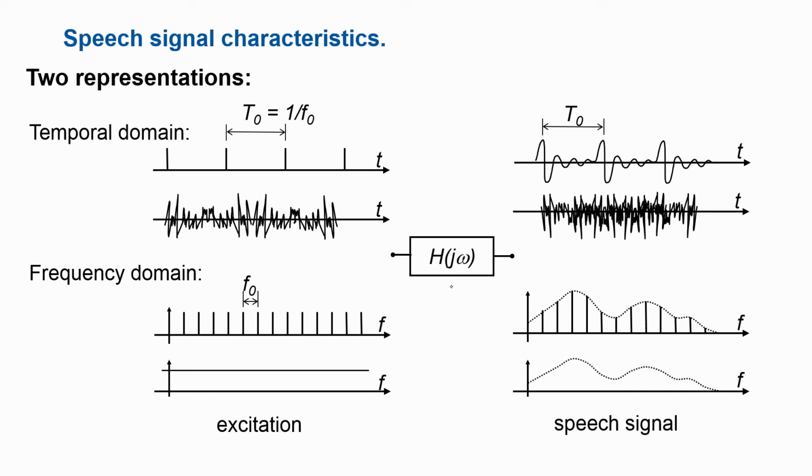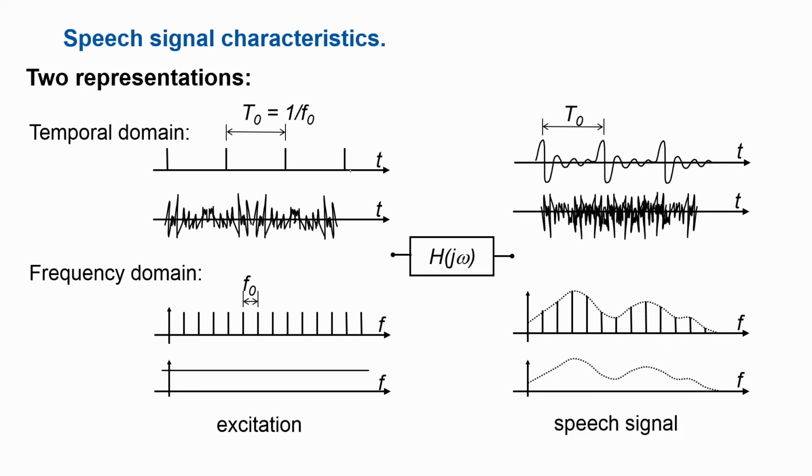And on the right-hand side you see the time sequence and the spectrum of the resulting speech signal. I have put it here in two different examples. The first one is a periodic excitation signal, which you see here, the impulse train. And the second one is this noise-like signal, which you see here.